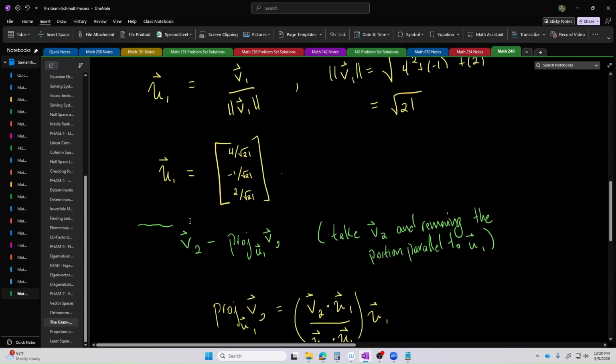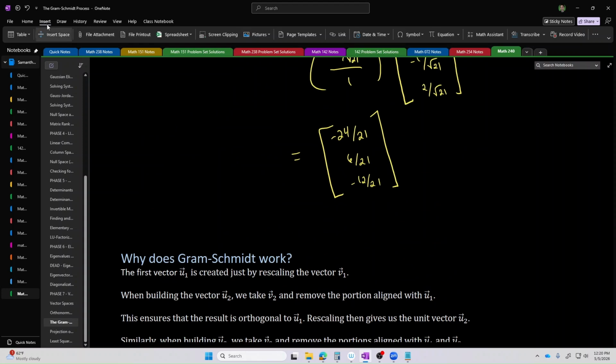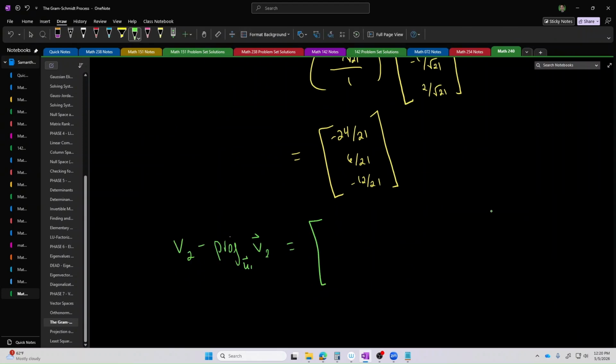Now let's take the vector v2 and remove the portion that is parallel to u1. Let's go ahead and take v2 and subtract the projection that we just found, negative 24 over 21, 6 over 21, negative 12 over 21.